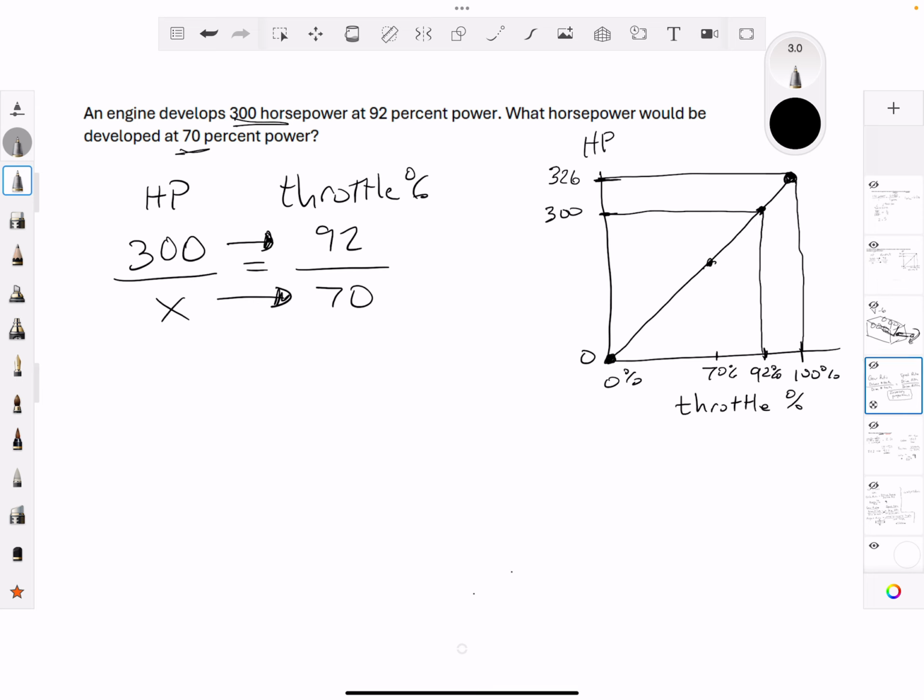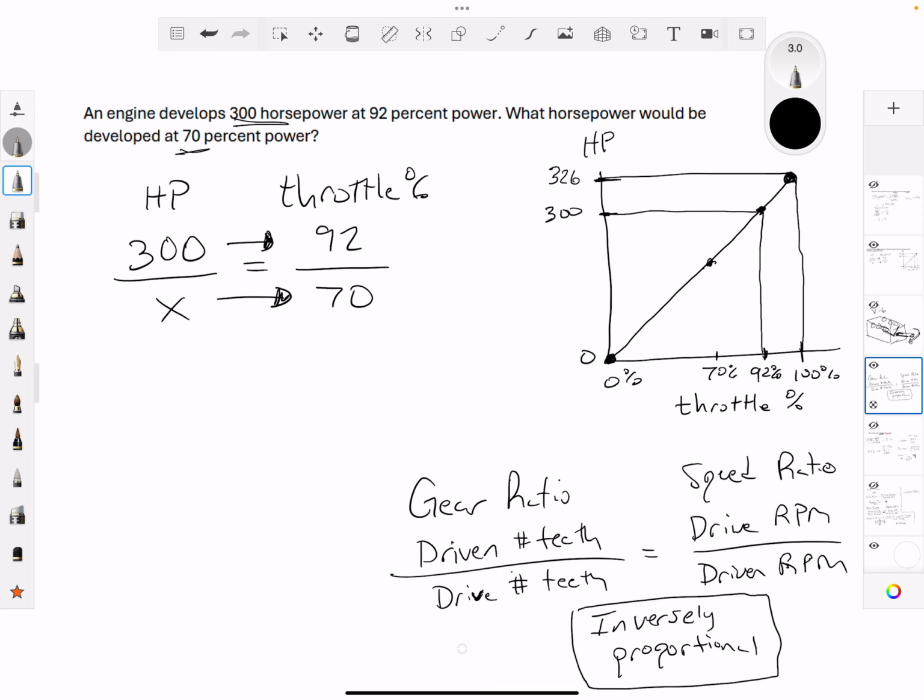This is unlike our gear and speed ratio, which we've talked about. The gear and speed ratio are inversely proportional. So we set our numerator with the denominator, and this one's denominator with this numerator here. In this case, if one goes up, the other goes down.